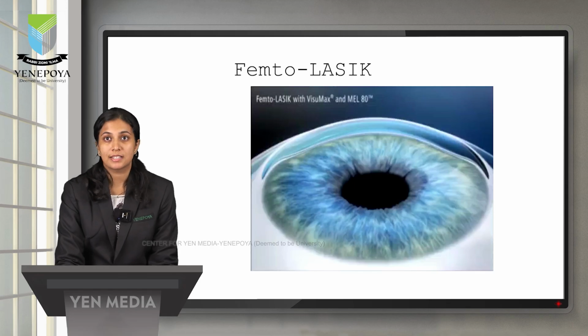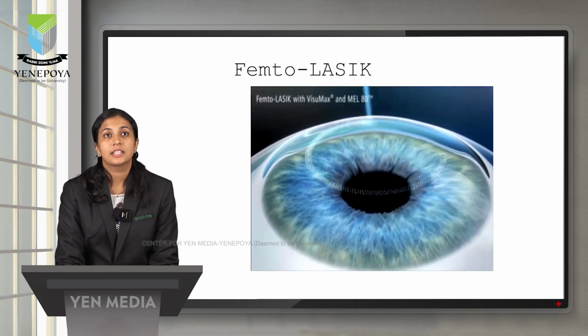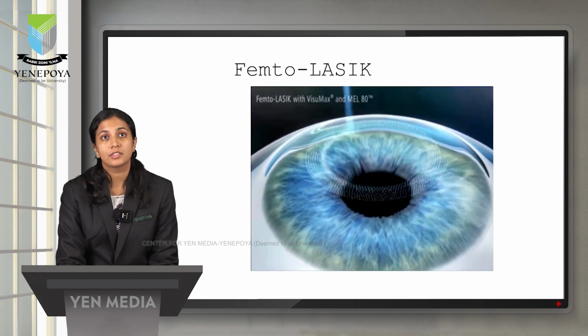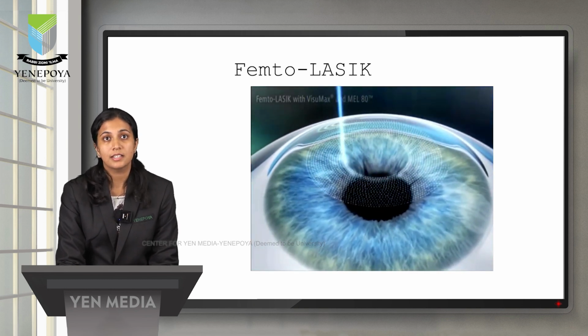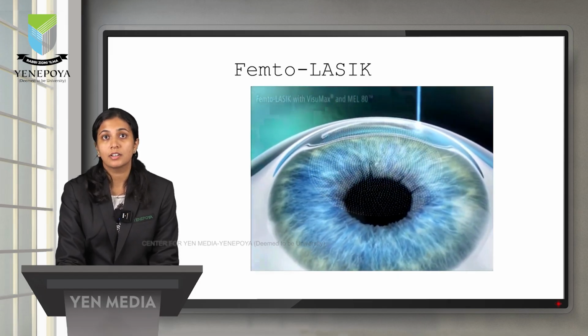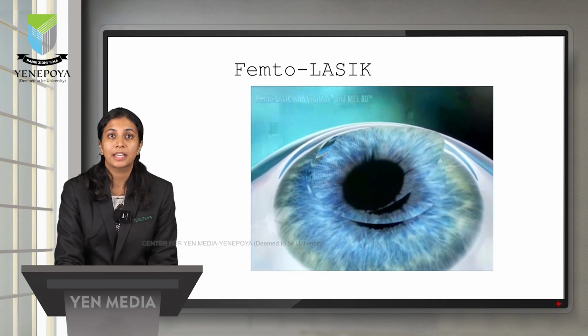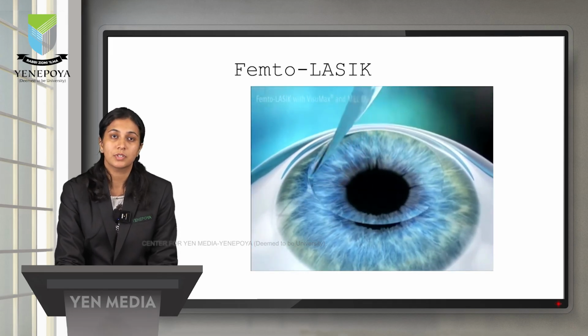Coming to Femto-LASIK. The difference in Femto-LASIK is that here we do not use any instruments to create a flap, but we use femtosecond laser to create a flap. As you can see, a femtosecond laser is used to create a flap. Femtosecond laser is a solid state laser with 1053 nanometer, and the mechanism is photodisruption.